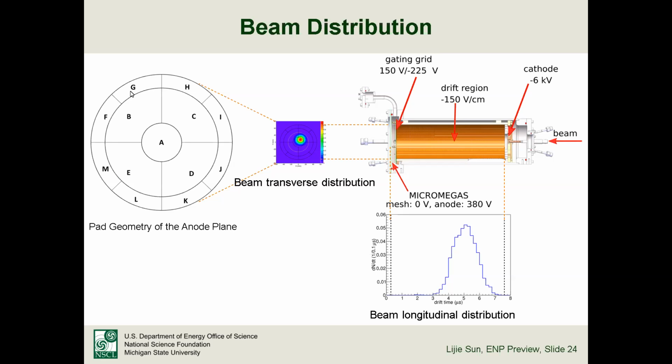The longitudinal distribution is shown in the bottom right corner, and the beam transverse distribution is shown on the right side. You can see the anode plane of this proton detector is segmented into 13 readout pads. Our group built this detector to measure weak, low energy proton decay.